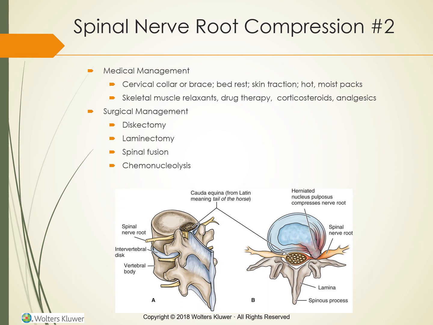So with surgical management, we only go to this if after our conservative therapy fails to relieve the symptoms of a herniated disc, then this is when we consider surgery. There's a couple procedures for relieving spinal nerve root compression.